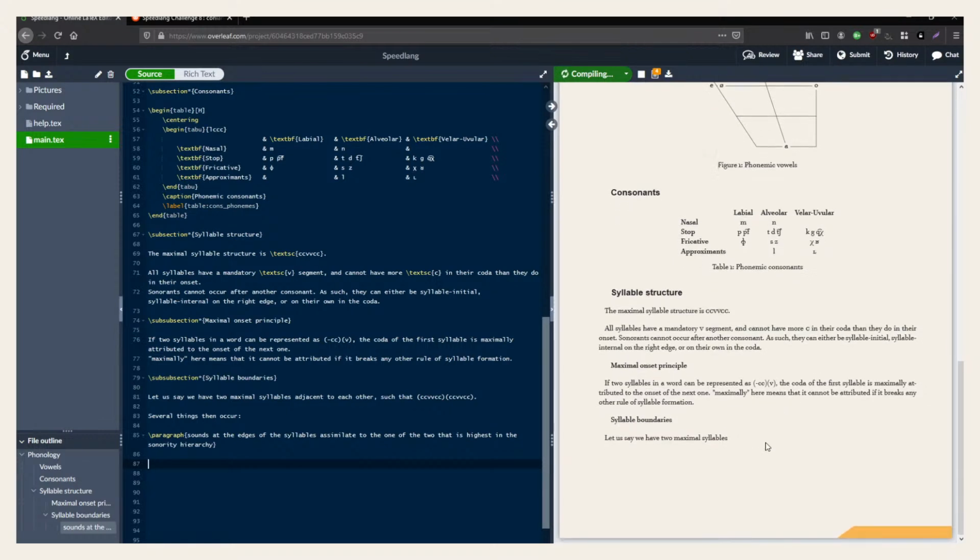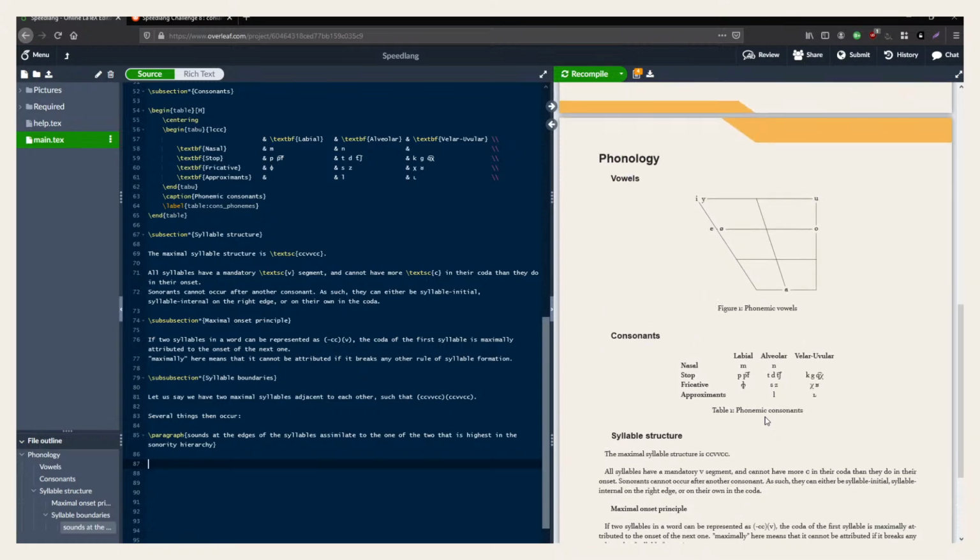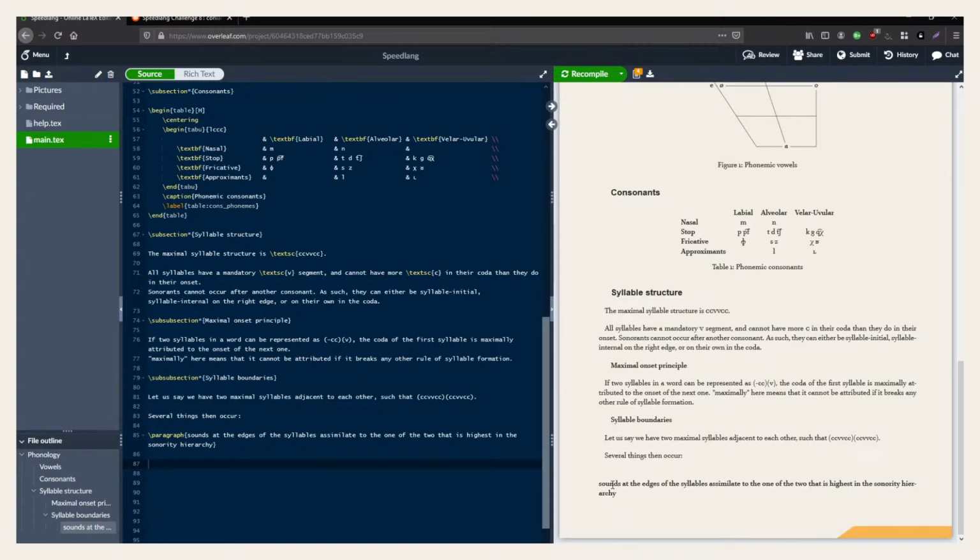Let's see how that looks. Yeah, that's very ugly. It's just not aligned. I'm just going to be doing paragraphs and not using the command.